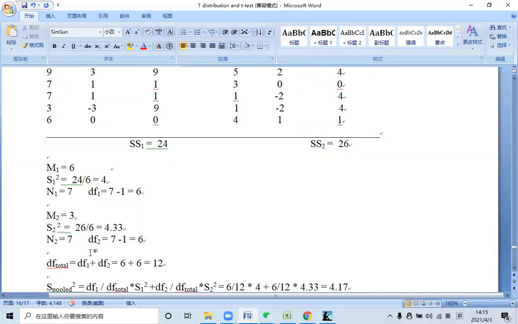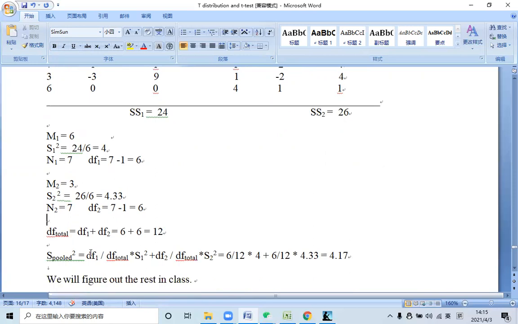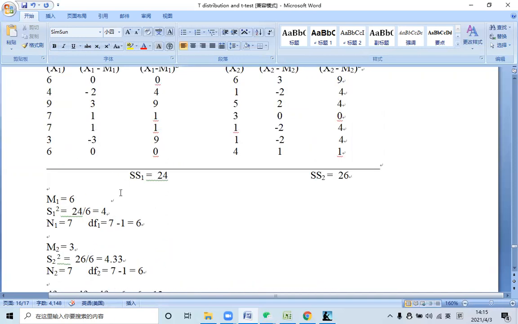And let's get the t-score. For getting the t-score, we need several steps. First, we have 2 samples. Each sample would give you an estimated variance of the population. We need to pool them together.